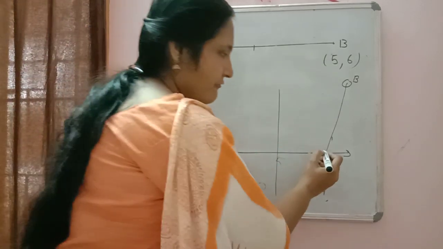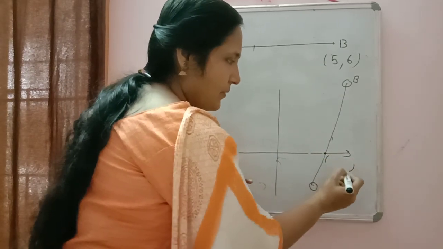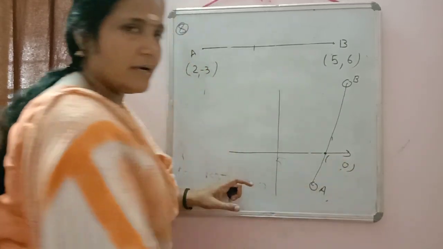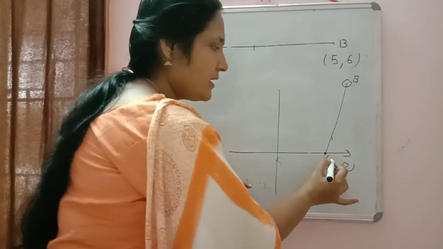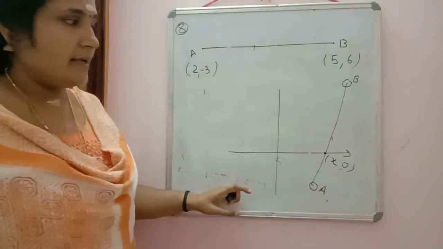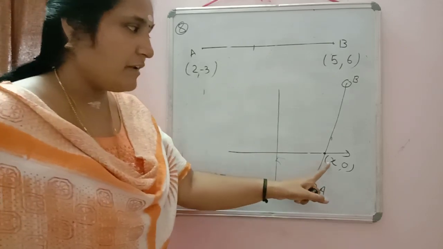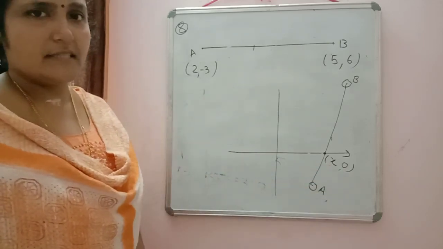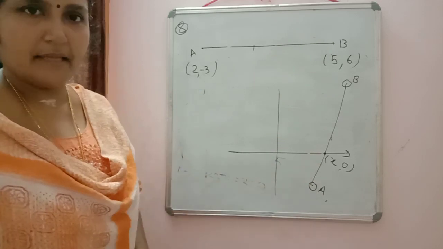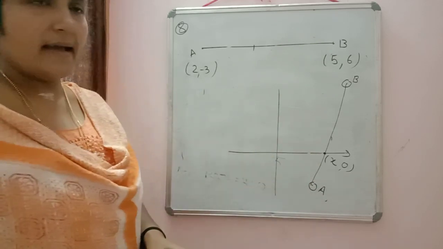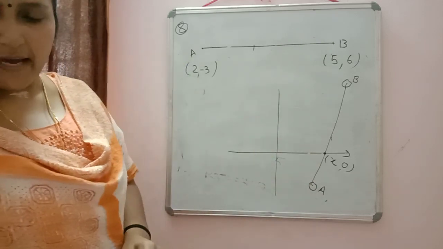So if we write any point on the x-axis, its y-coordinate will be equal to 0 and the x-coordinate we have to calculate. In the starting we wrote that any point on the x-axis is of the form x comma 0. This is not the exact diagram, we don't need the exact diagram. Here we drew a rough diagram.